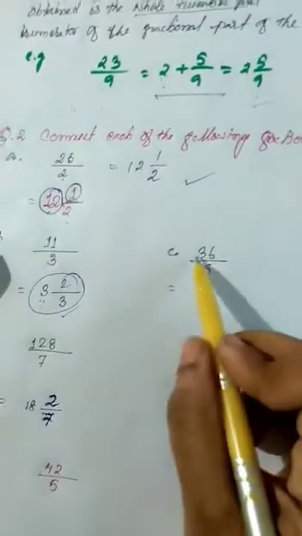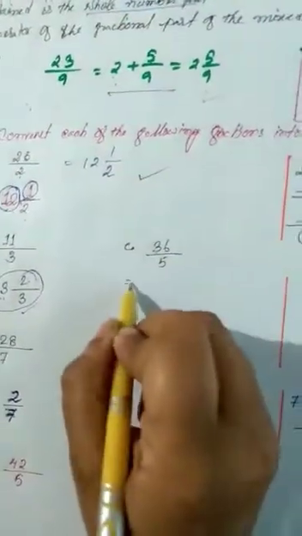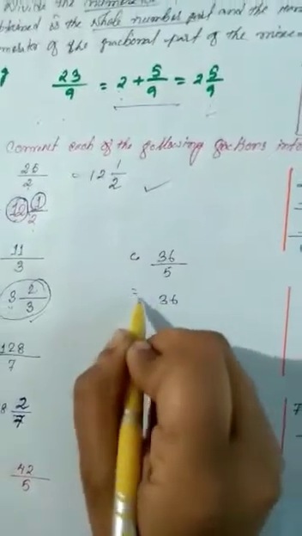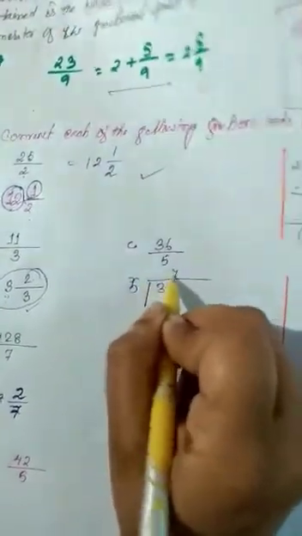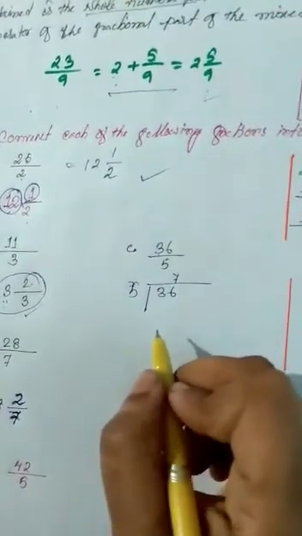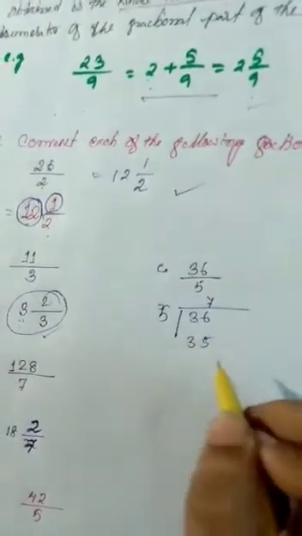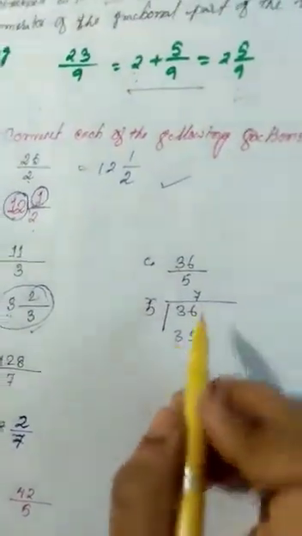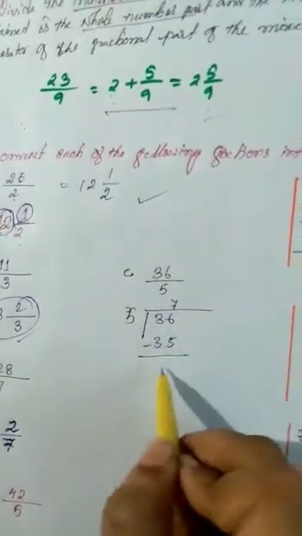Now let's see 36 by 5, and how we will show it. You can show this division work here also. As you know, 5 sevens are what, students? 5 sevens are 35. After subtracting, 36 minus 35 is 1.